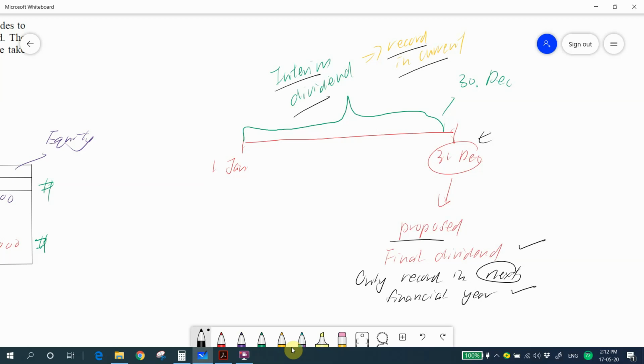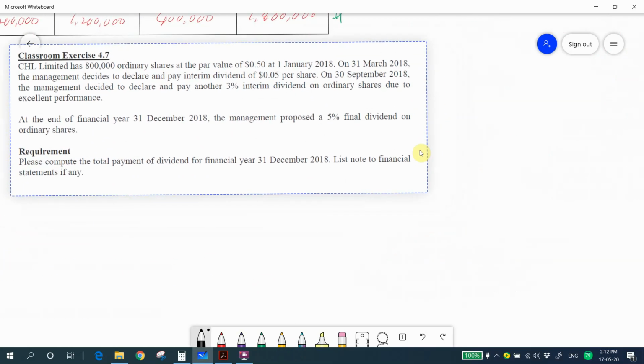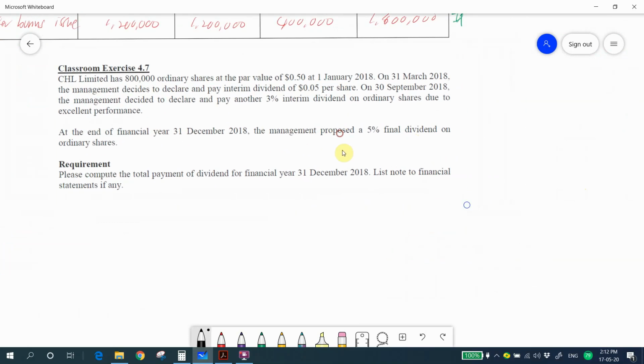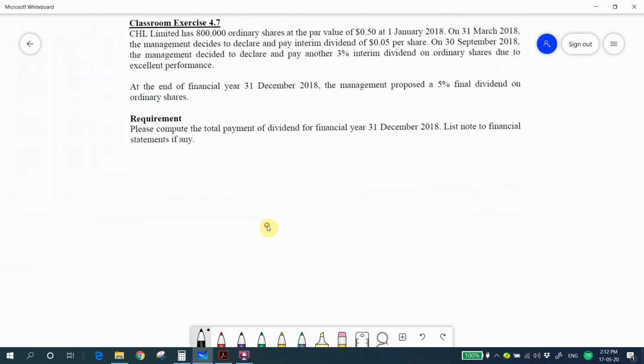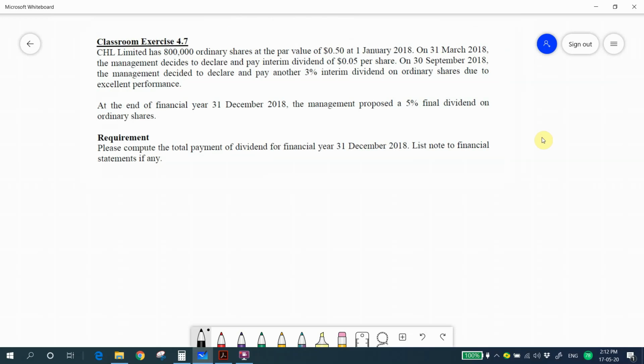So perhaps by doing one example, you can become more familiar with this concept. Let's look at classroom exercise 4.7. CHL Limited has 500,000 ordinary share at the par value of 50 cents at 1st January 2018. On 31st March 2018, the management decides to declare and pay interim dividend of 5 cents per share.